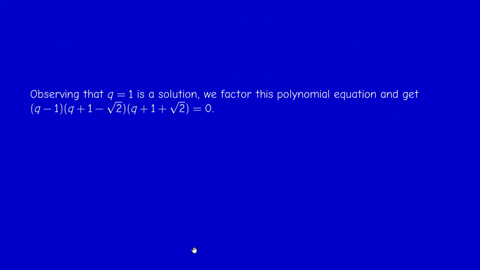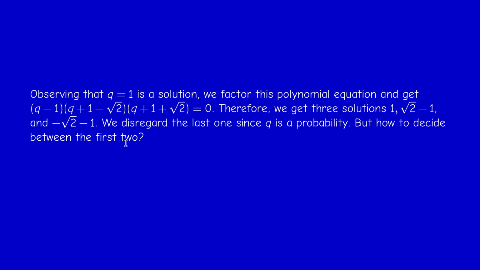If you solve it, you will find 2 roots: minus 1 plus radical 2 and minus 1 minus radical 2. So we have three solutions actually: q equal 1, q equal radical 2 minus 1, and q equal minus 1 minus radical 2. Now, of course, we eliminate this solution because it's negative. So we are just left with two solutions.